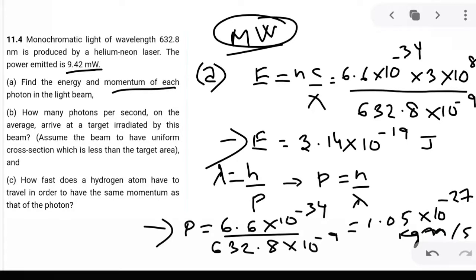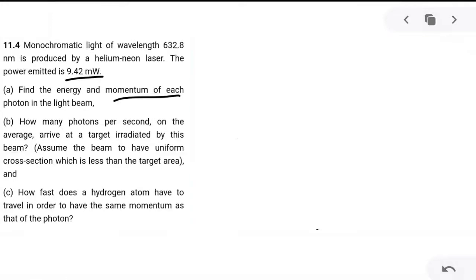Next, proceed to part B. We have how many photons per second on the average arrived at the target. That is number of photons per second. It is nothing but total power divided by energy of each photon. Why is it total power divided by energy of each photon?